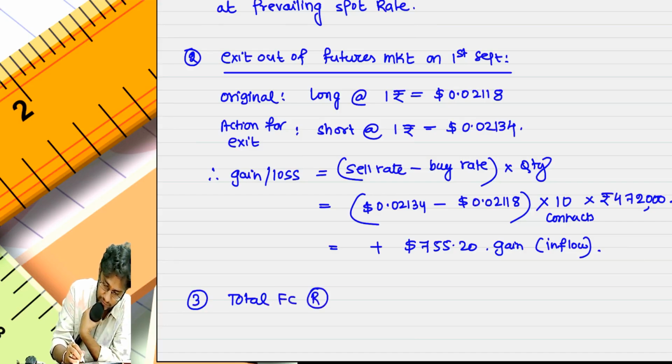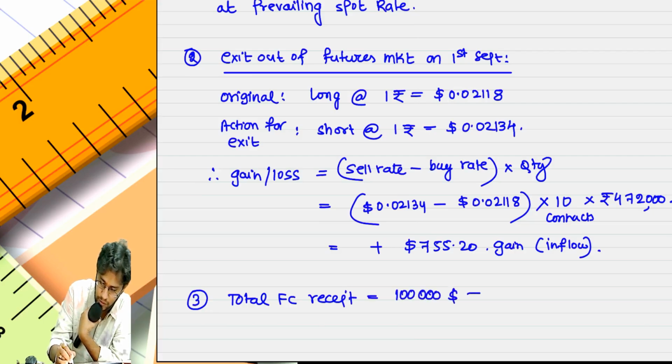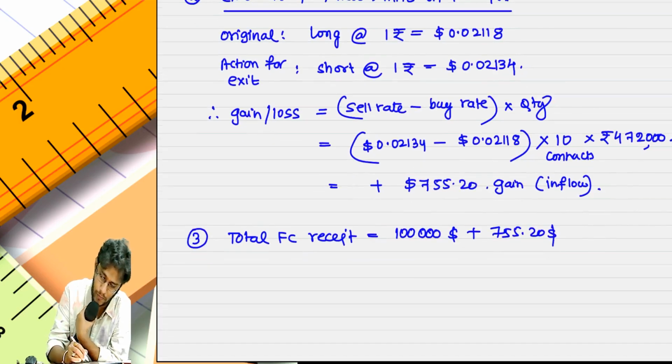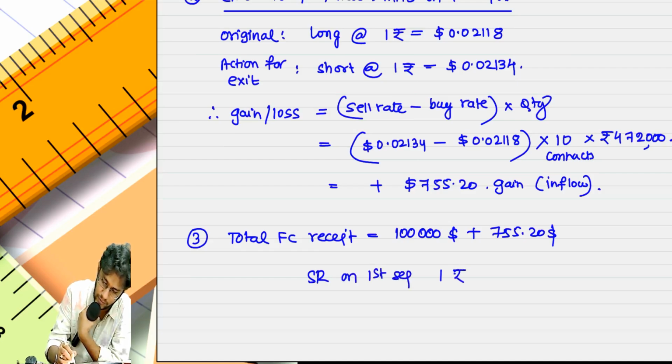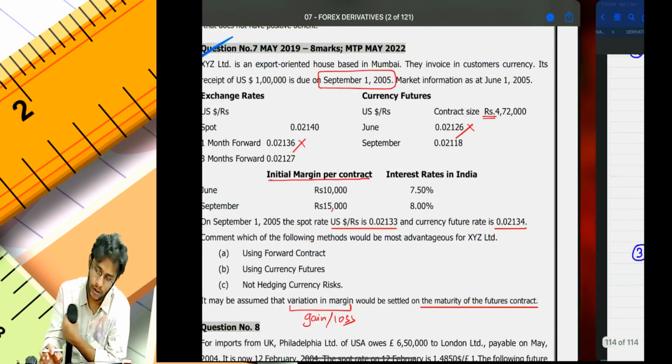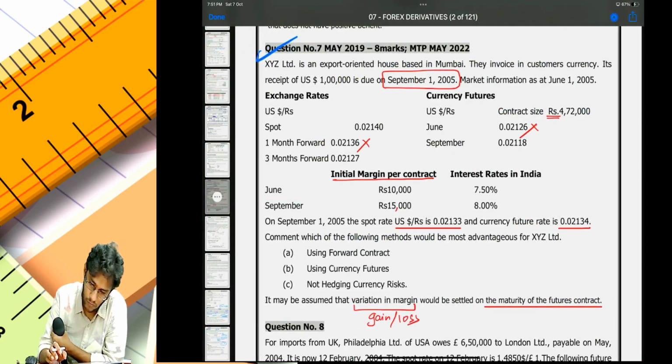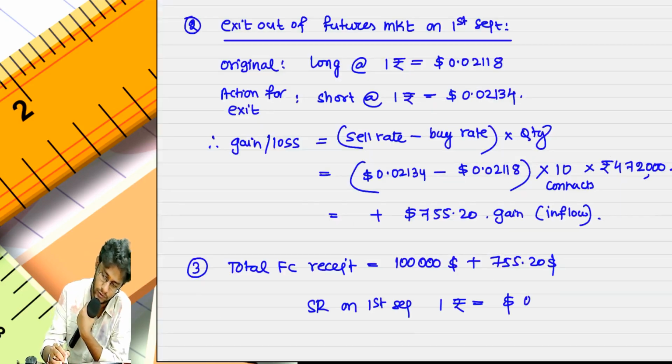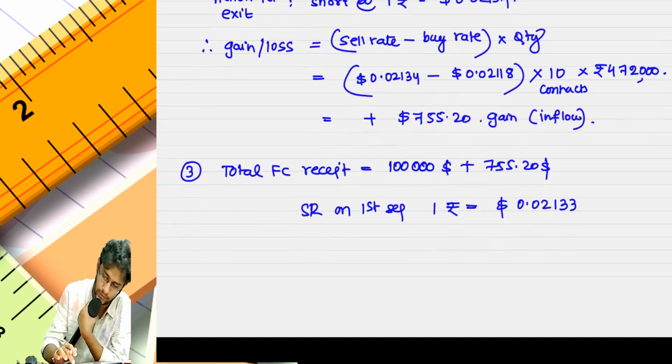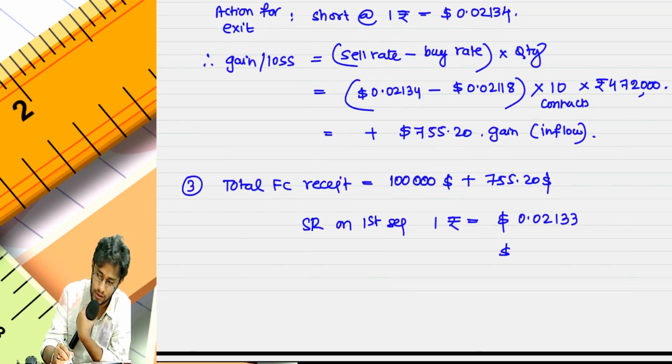Total FC receipt is equal to 1 lakh dollars plus 755.2 US dollars. Spot rate on 1st September: $0.02133. 1 lakh plus 755.2.